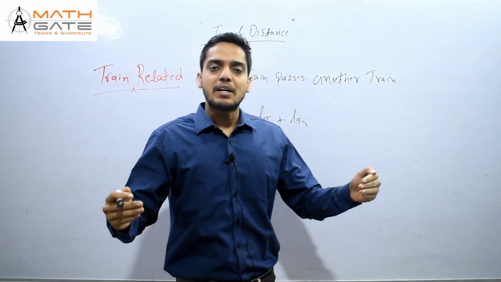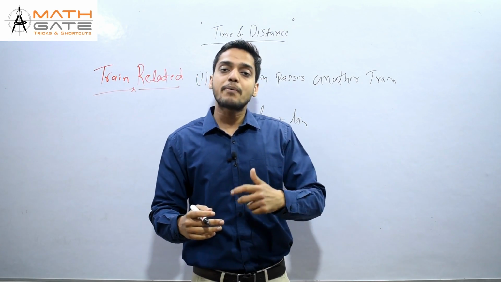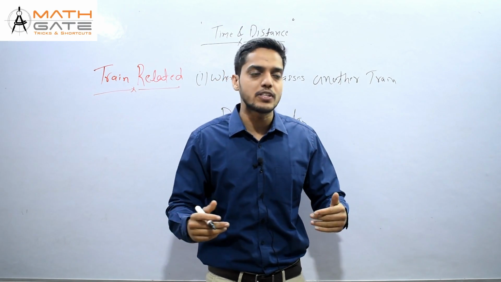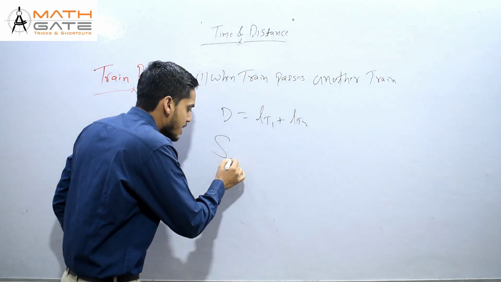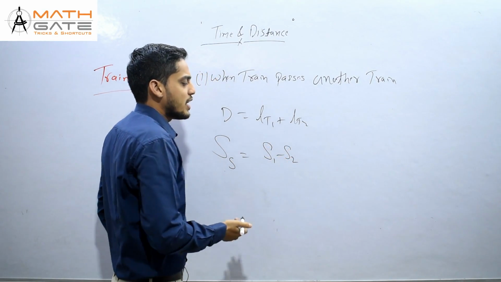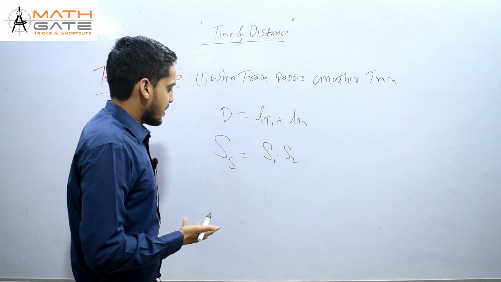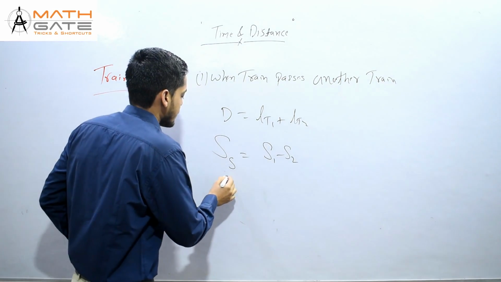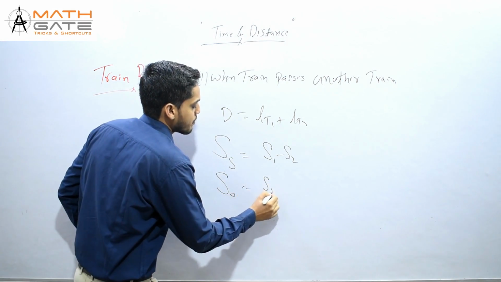When two trains pass each other, they can pass in two ways. First in same direction and the second one is opposite direction. So that's why in same direction the speed will be s1 minus s2. In the 7th or 8th class we have learnt it. Speed in same direction is s1 minus s2 and speed in opposite direction s1 plus s2.